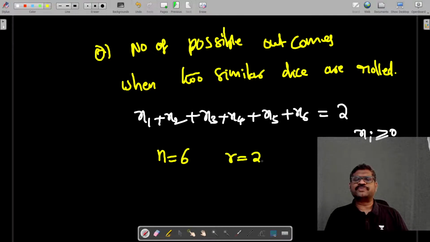R value 2. Because two similar dice are rolled, that's why R value 2. n equal to 6 means if you throw one dice, possible outcomes are 6 different possible outcomes. That's why n value 6.